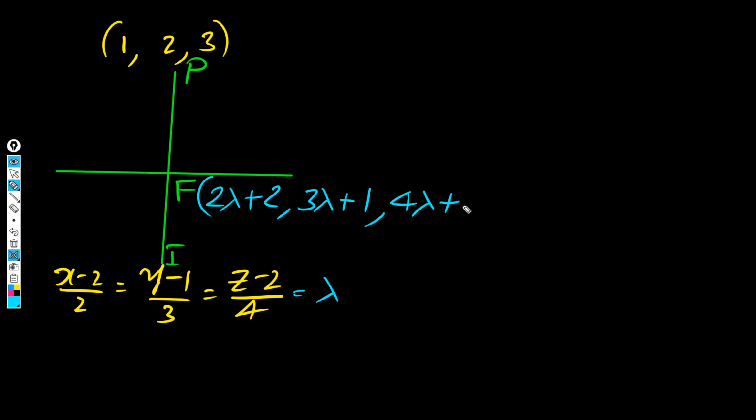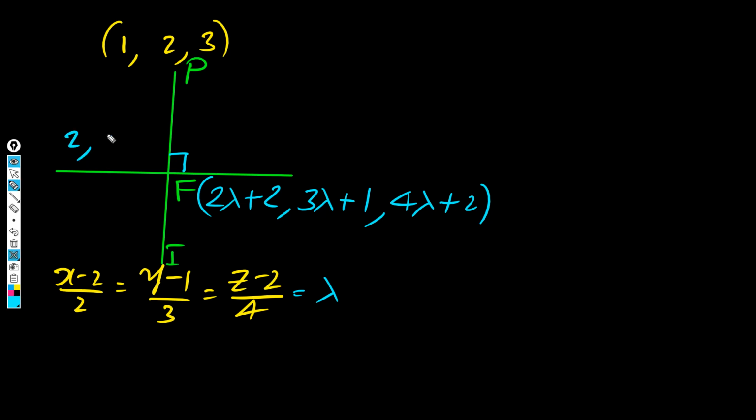Sir, then we'll find PF and do a dot product with the DRs of the line, right? That's what I'm doing. This is perpendicular. Now, you know the DRs of this line are 2, 3, 4.